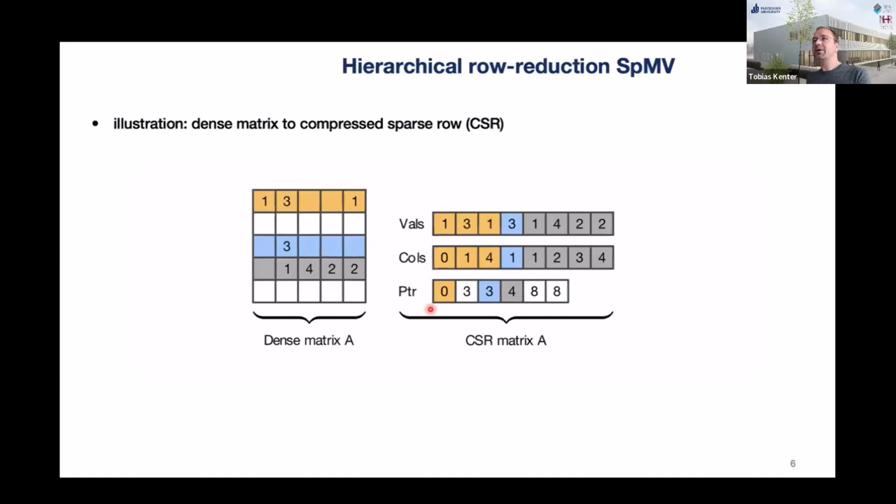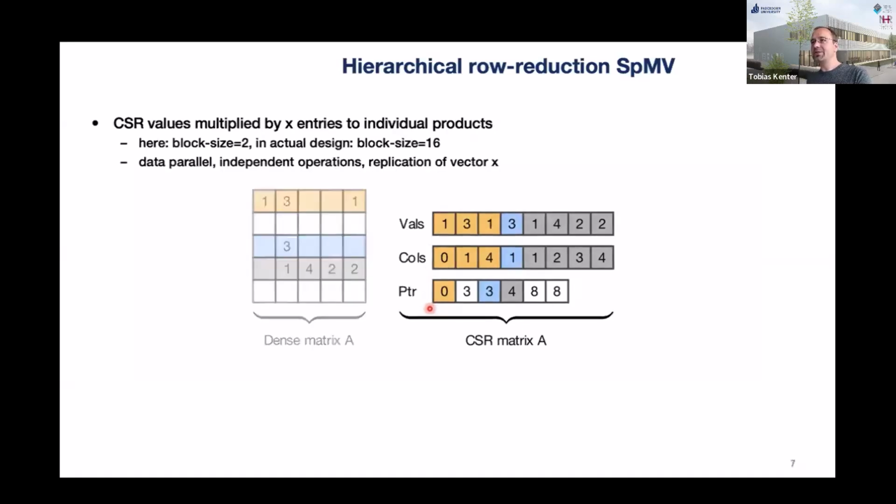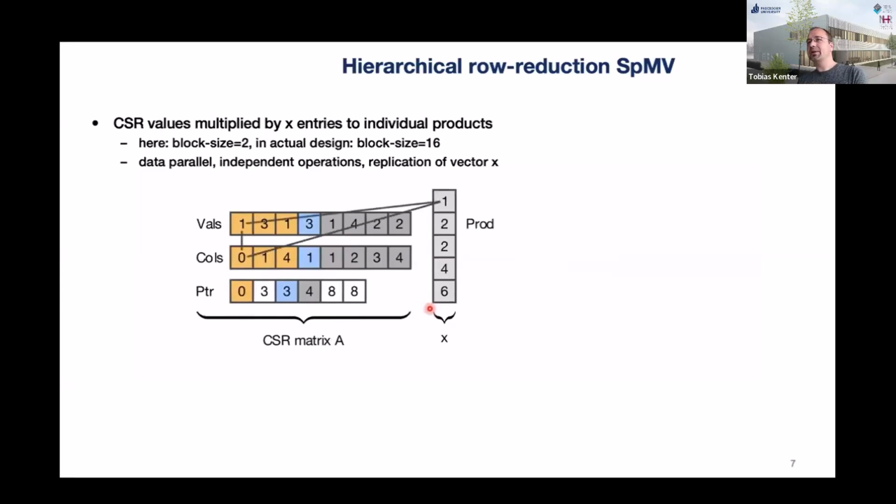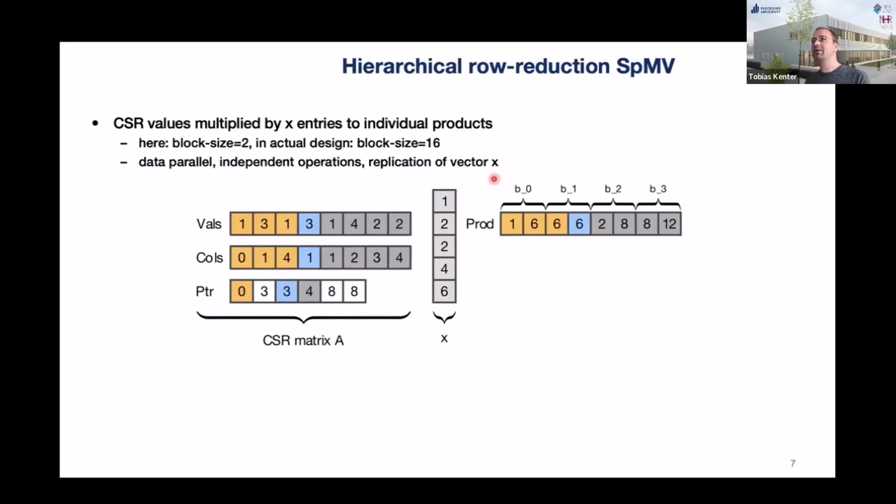Now, how do we perform matrix vector multiplication on this? First step is pretty easy. We need to look up the corresponding factor from the vector for each of the entries. So we look by the concrete column index, pick the vector entry, multiply it with a value. And since this is all independent, we can do this in parallel.